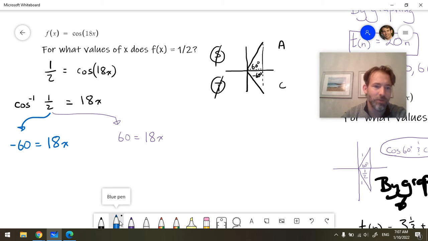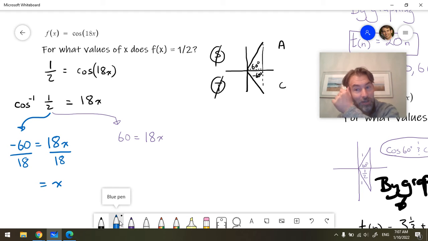Okay, so let's solve this one first. Divide both sides by 18. And I see that's going to create thirds. This gives us x equals negative 60 over 18. Well, let's reduce that fraction. I see they're both divisible by 6.